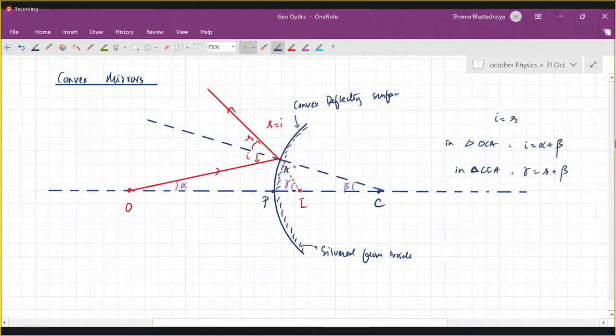Because this angle you can see, it's r. Okay. So we have this equation.